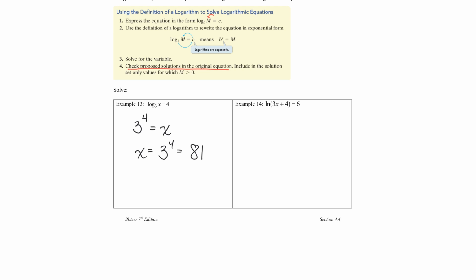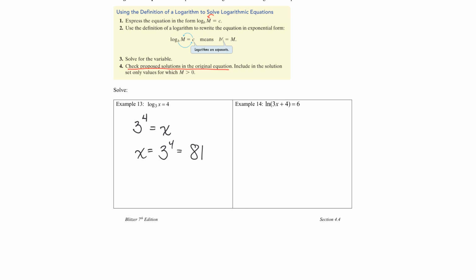Now remember that I have to check my proposed solutions in my original equation, and what I'm checking to see is if I plug 81 into my original equation, will that argument, what I'm taking the logarithm of, be positive? In other words, is 81 in the domain of log to the base 3 of x? And yes, it is.